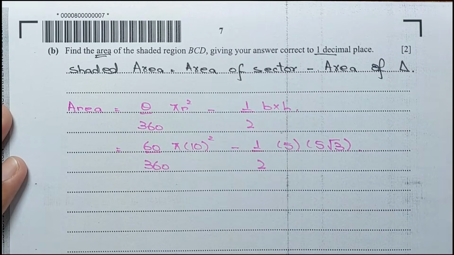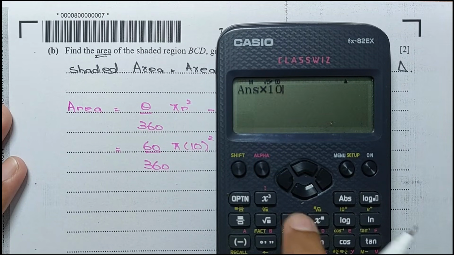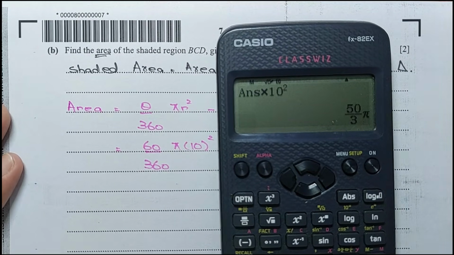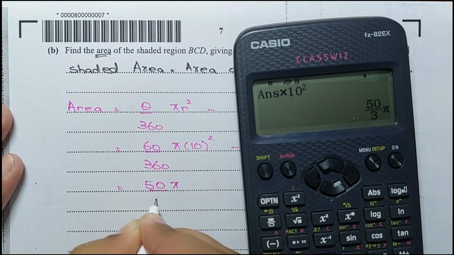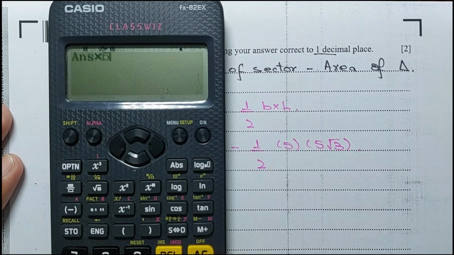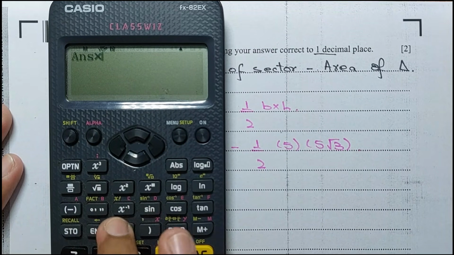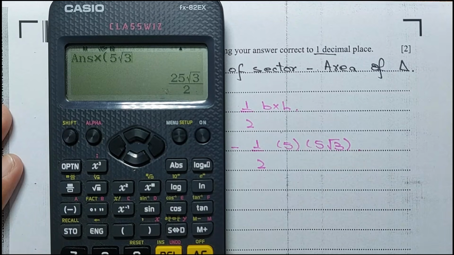Now let me simplify. We have 60 over 360 multiply by pi multiply by 10 square, which is 50 over 3 pi, and the other one is 1 by 2 times 5 times 5 root 3.